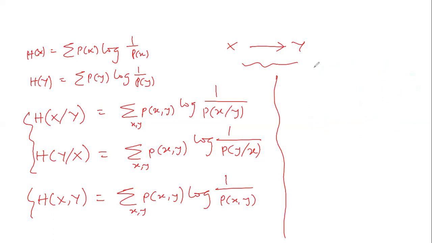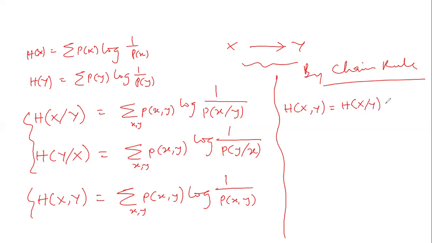Now, you see that by chain rule, the joint entropy is the same as the conditional entropy plus the output entropy, and it's also the same as the conditional entropy plus the source entropy. So when we are considering the equivocation, then we add that to the output entropy.